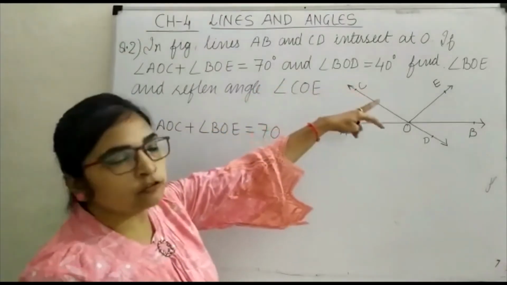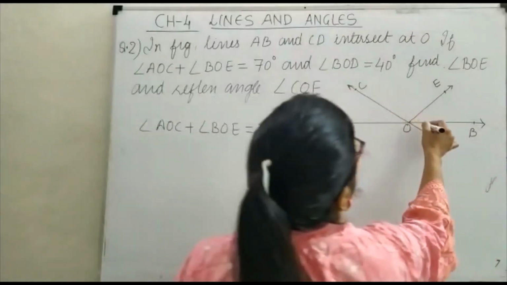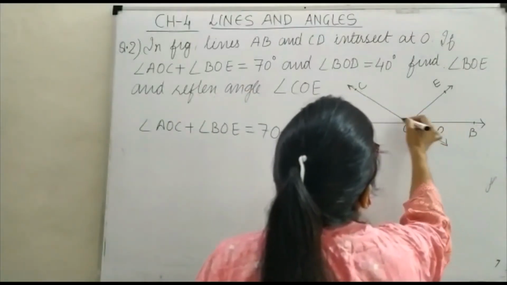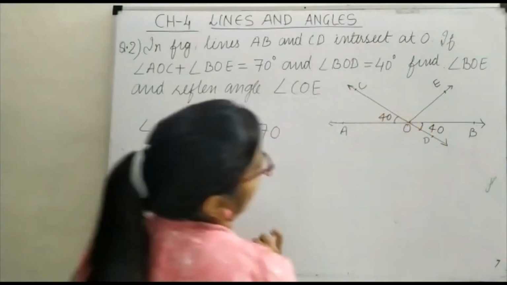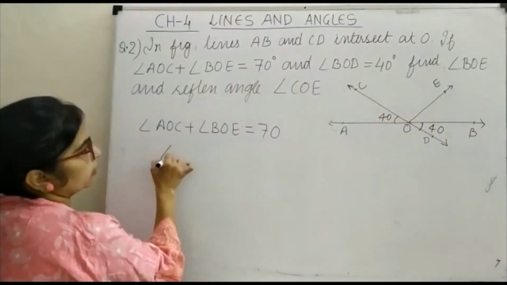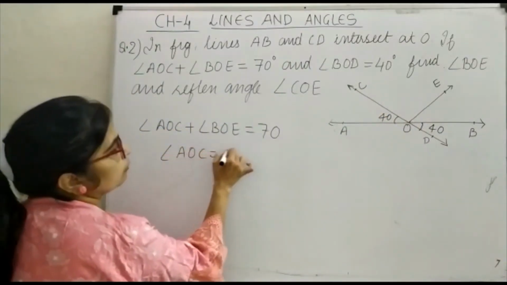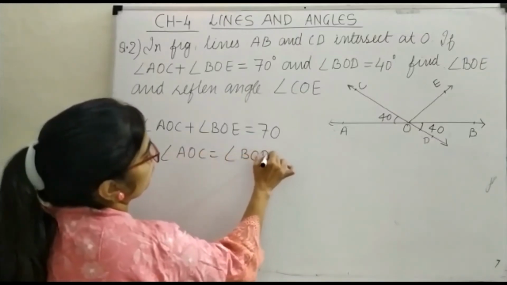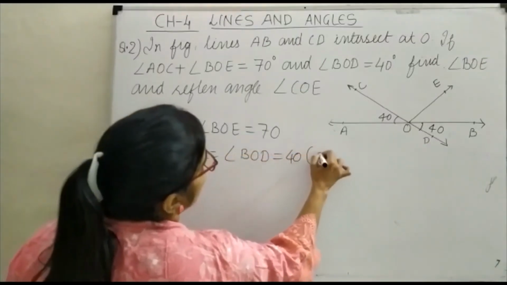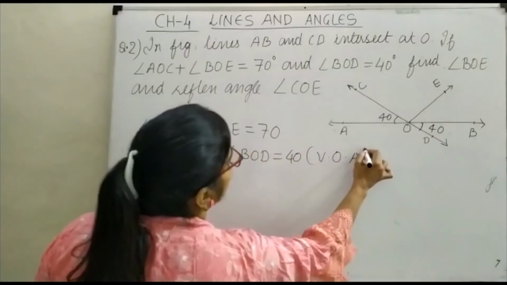And angle BOD is 40. ये आपका 40 है. If this is 40, what about this angle? ये भी 40 हो जाएगा. So you can write angle AOC is equal to angle BOD is equal to 40. Reason is vertically opposite angles.